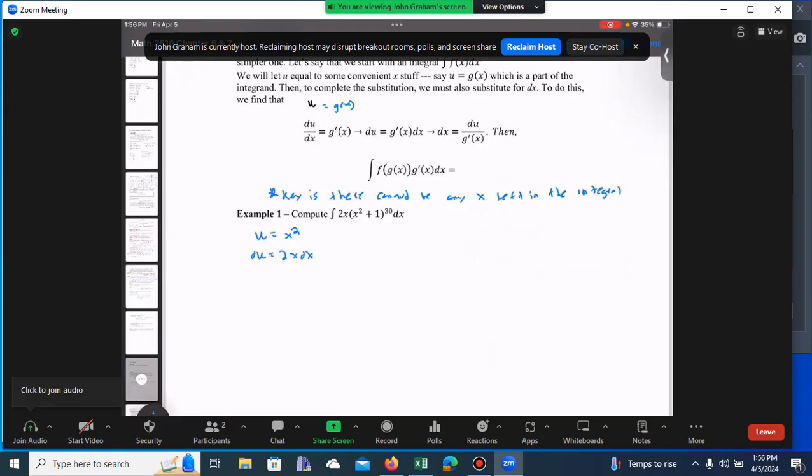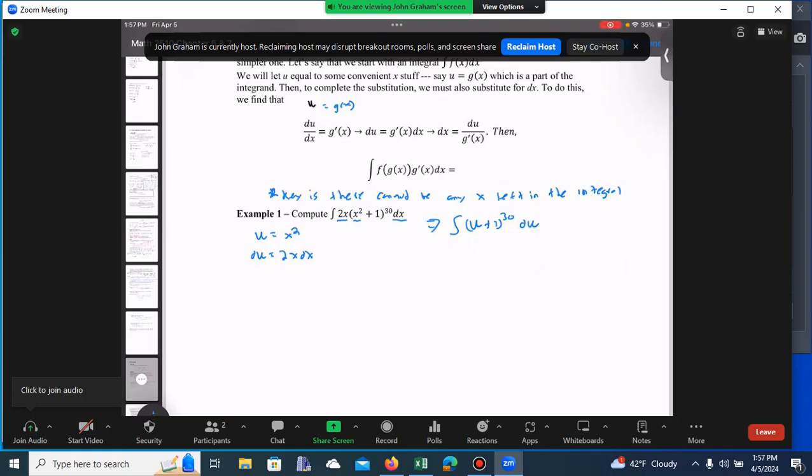Now, we have our 2x dx here, and we have our x squared here. So when we substitute, all x's will be gone. We will now have the integral of u plus 1 to the 30th power du, with the du at the end.